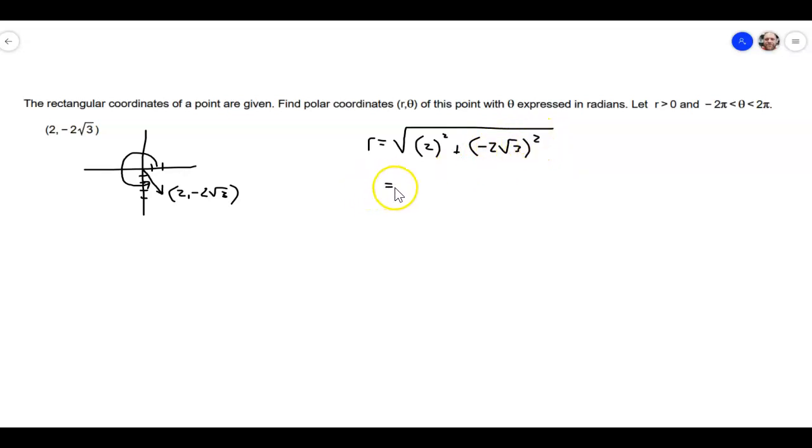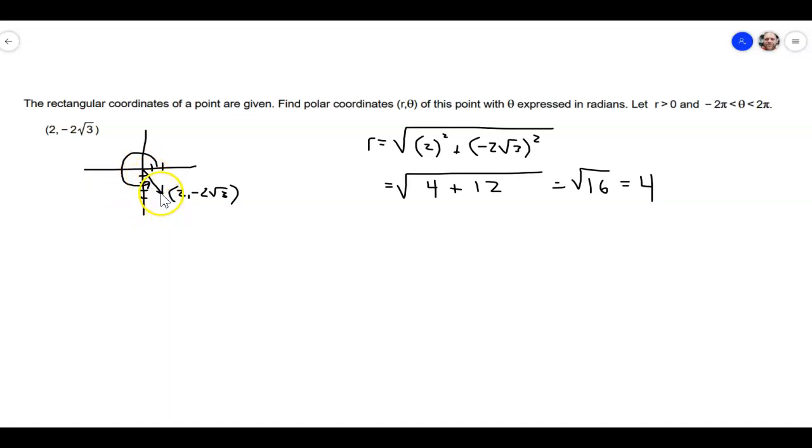That's 4 plus, for this thing squared, 2 times 2 is 4, root 3 times root 3 is 3, so 4 times 3 is 12. So this is the square root of 16, which is equal to 4. So the distance from the origin to this point is 4.